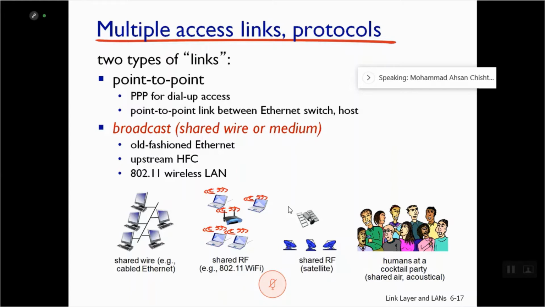So in a shared medium or a shared wire, we have a broadcast link with multiple senders as well as multiple receivers, all connected through a single common shared broadcast channel. This also means that when any node transmits a frame, the channel broadcasts the frame and each of the other nodes receives a copy. Examples of these broadcast links are Ethernet and wireless LAN.